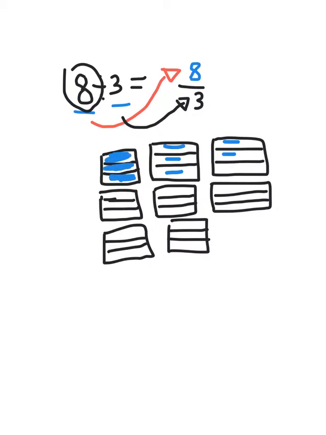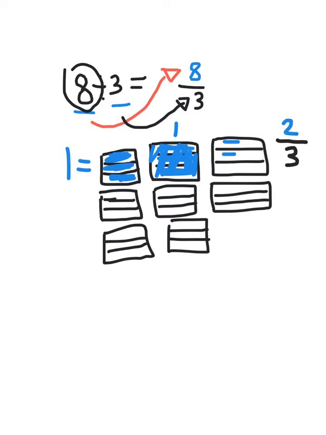So these 3 parts that are fully colored turn into 1. They equal 1. This one equals another 1 because it's fully colored and it's a whole, because we colored the whole thing. So that's another 1. This one we colored only 2 out of 3 parts. So remember, the blue is going to be 2, and on the bottom is going to be a 3.